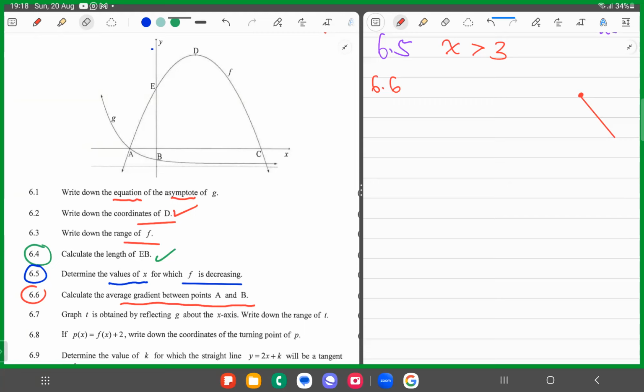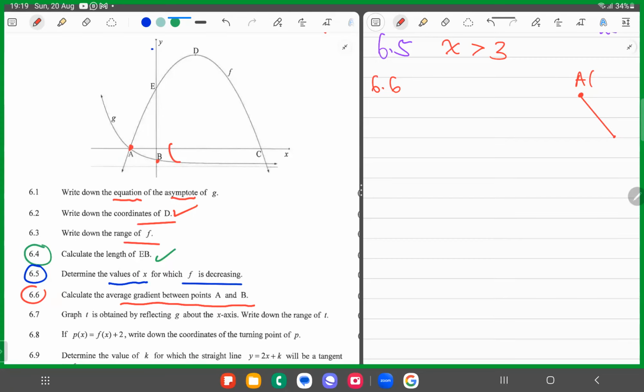So now 6.6, to find the average gradient, we know the coordinates of the point A. What are the coordinates of the point A? And the coordinates of the point B. This one here can be easily seen, and then you need just the 2 points A and B. The coordinates of A are obvious.